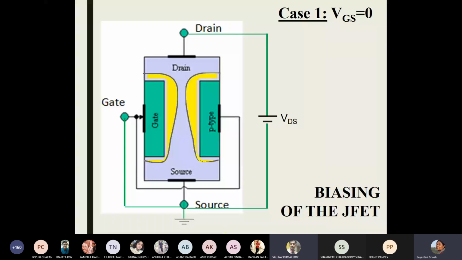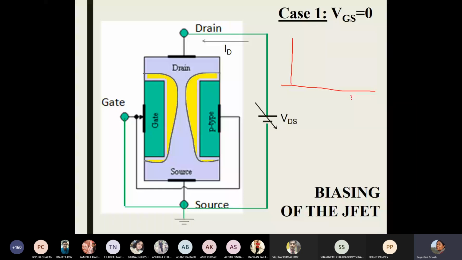If we understand this part clearly, then we can interpret what is going to happen now. If I start changing the VDS voltage, starting from a very low value, 0, and consistently increase it and study what is happening to the current, the graph that we'll draw is called the output characteristics of JFET.